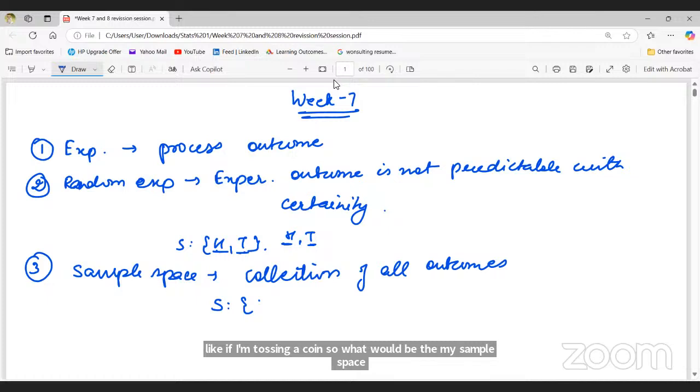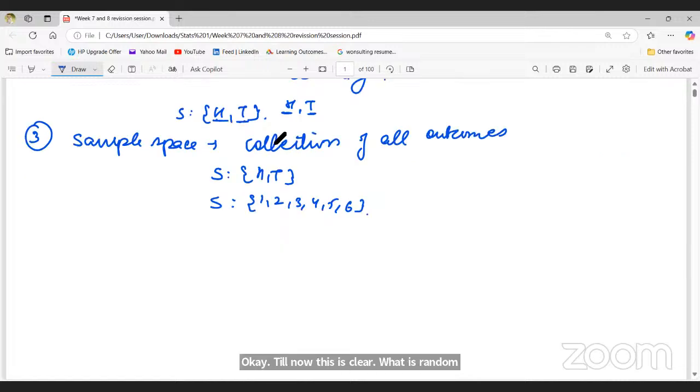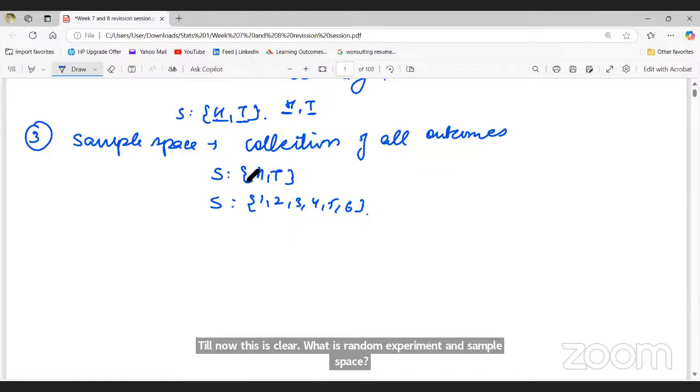Head and tail. Similarly, if I'm rolling a die, what would be my sample space? 1, 2, 3, 4, 5, 6. Yeah, that's the sample space. Till now, this is clear, what is a random experiment and sample space? Yes, ma'am.